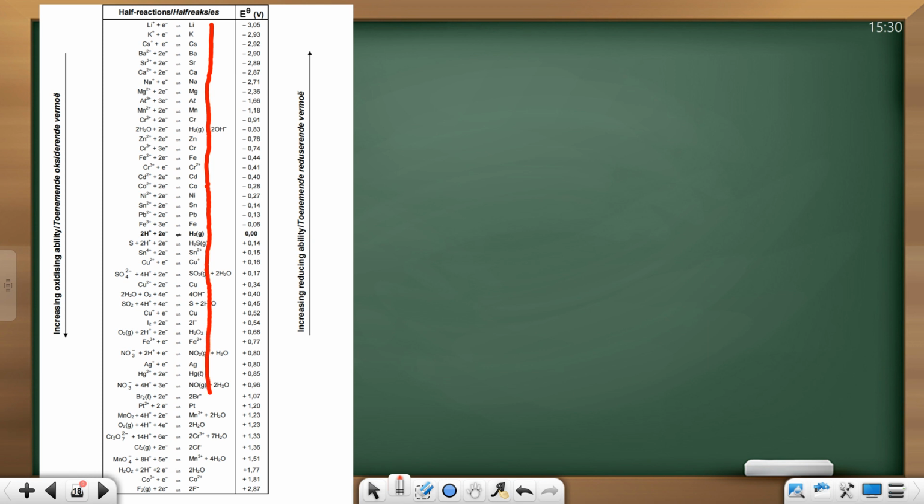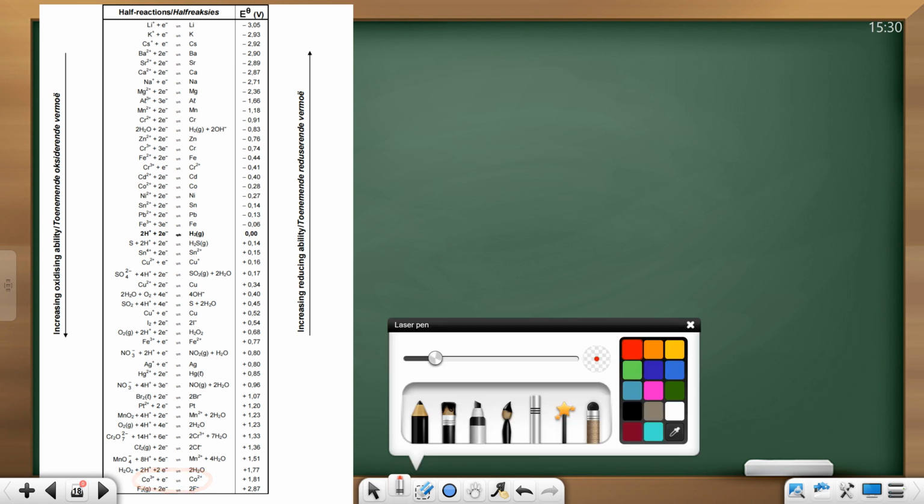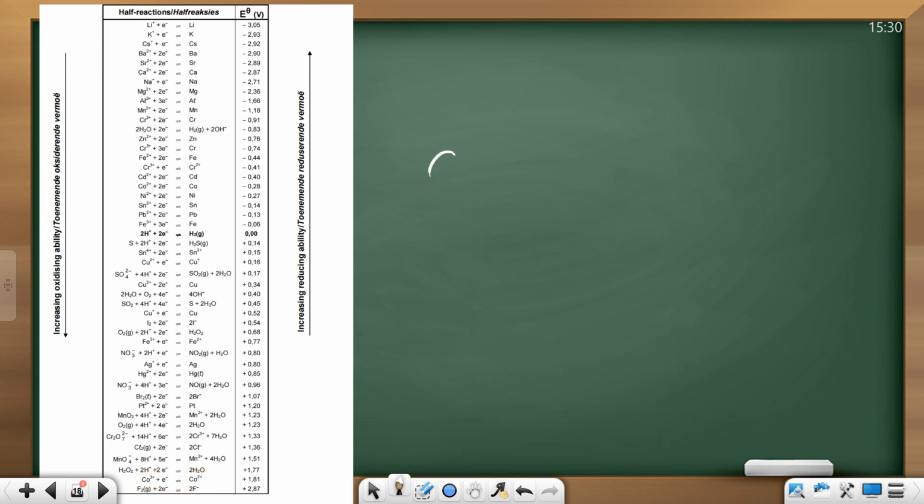So check. This is why they are using cobalt. I want you to see that. Do you see that we have Co3+ plus e-? This is what we have. It doesn't give us a solid. It's not a solid. That's why we are now using platinum.